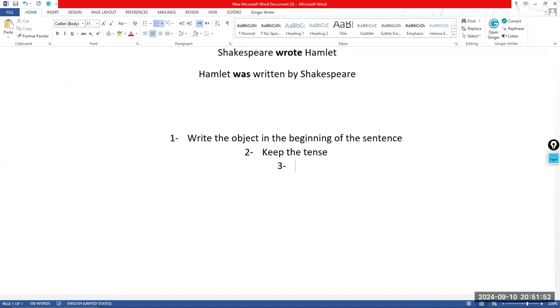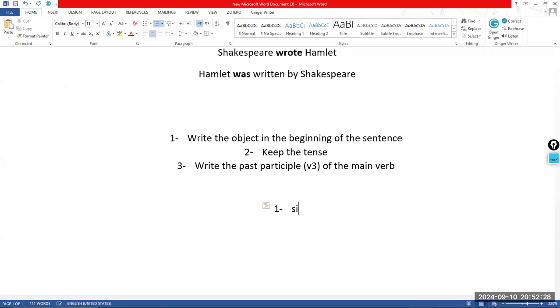Now, step three is write the past participle, or the verb three, of the main verb. Now, let me show you the best way to apply these steps and to form the passive voice out of the active.